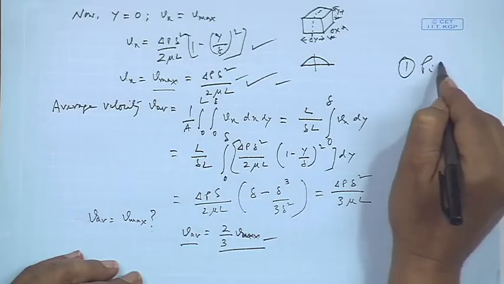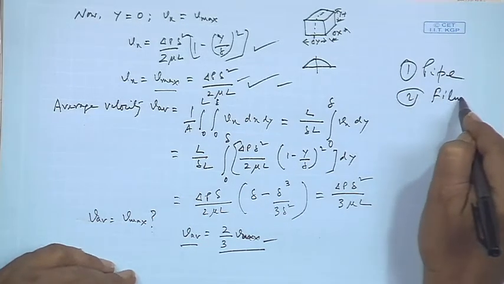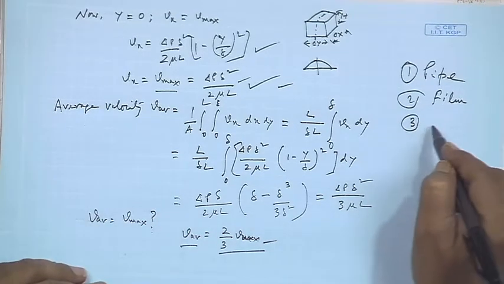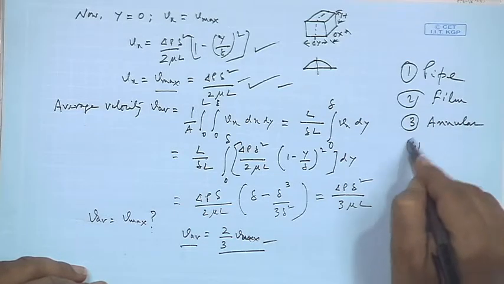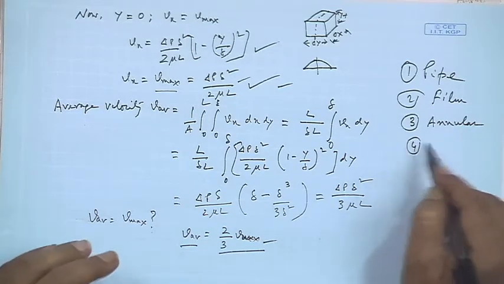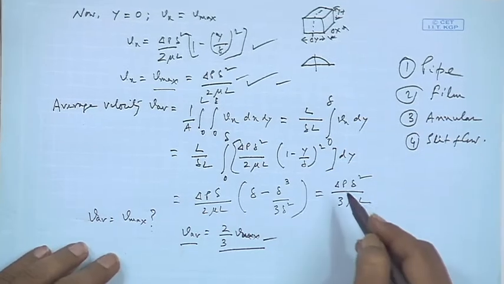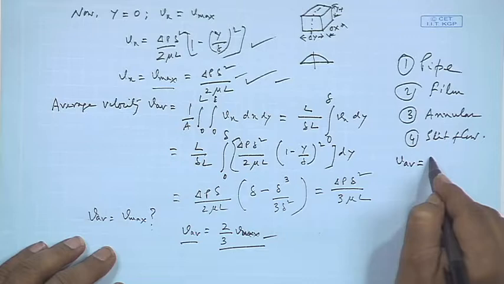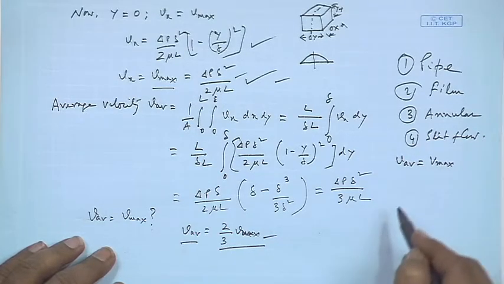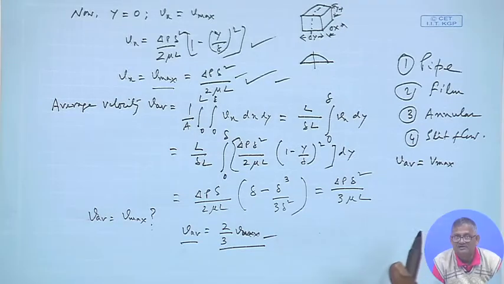In one case it is pipe flow, in another case it is film flow, in the third case it is annular flow, and in the fourth case it is slit flow. So in all these four cases, just see the relation between V average and V max. In all four cases you will see they are distinctly different, right.